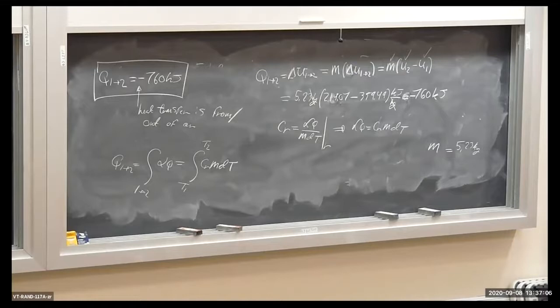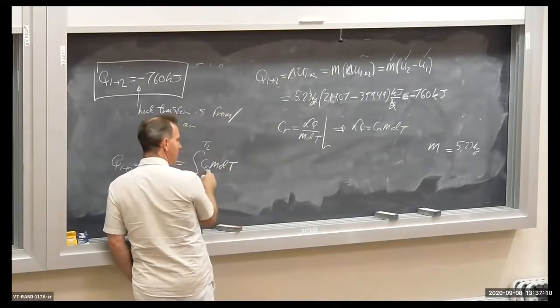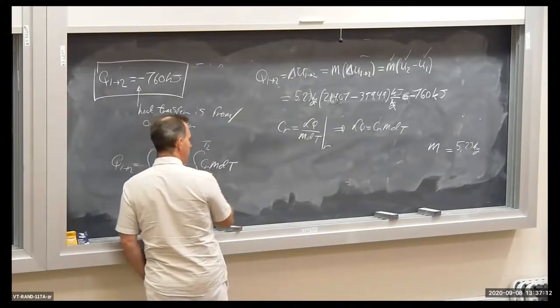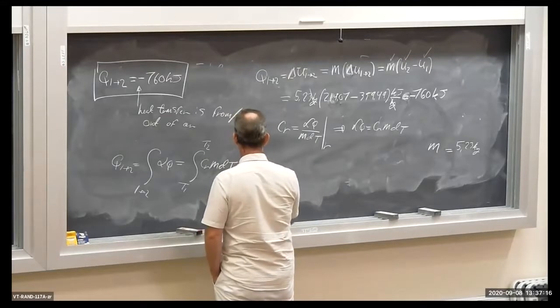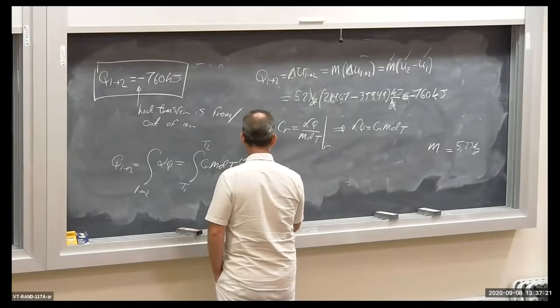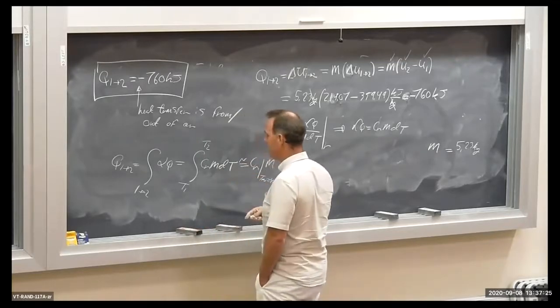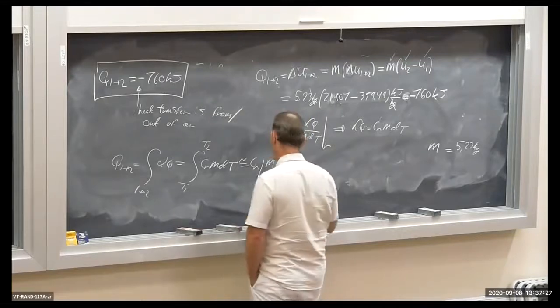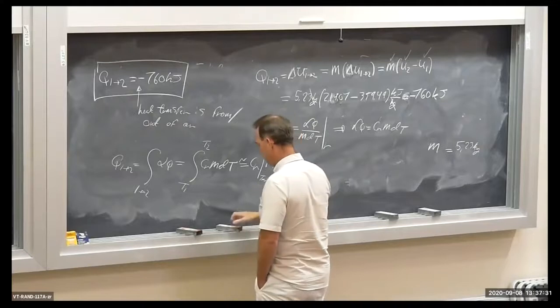So I'm going to let this be the average specific heat, and then I can pull the mass and the specific heat out of the integral. Approximately equal to Cv at T average, which is 400 degrees Kelvin, times the mass of my system times the integral of dT, which is delta T, T1 to 2.